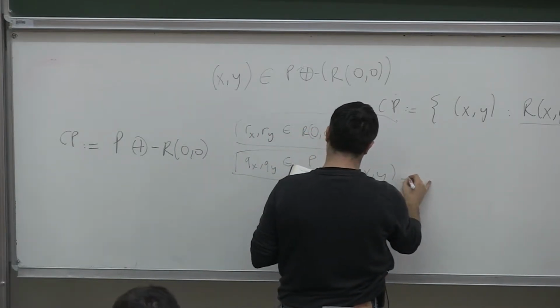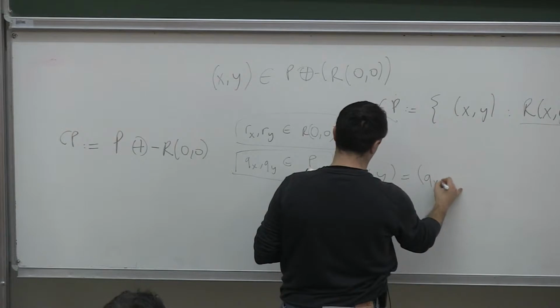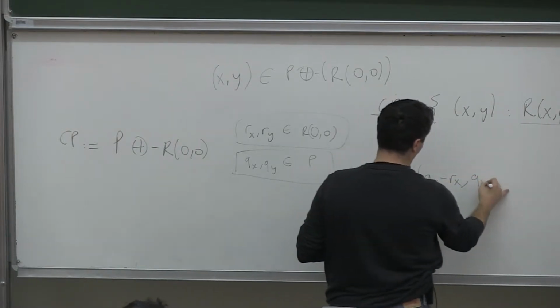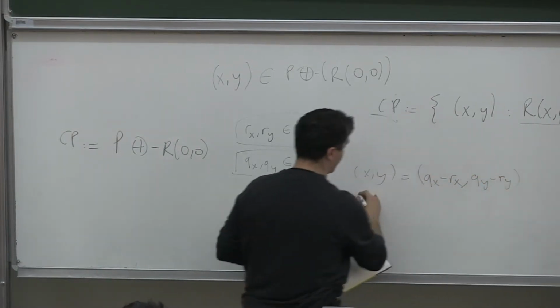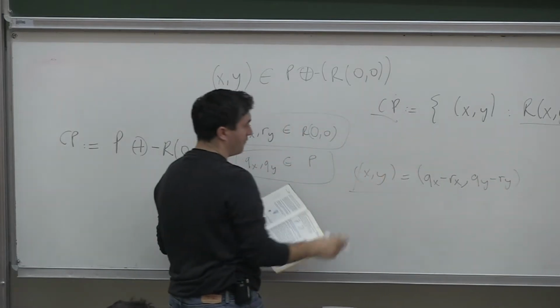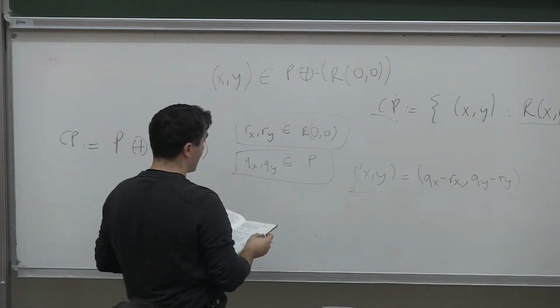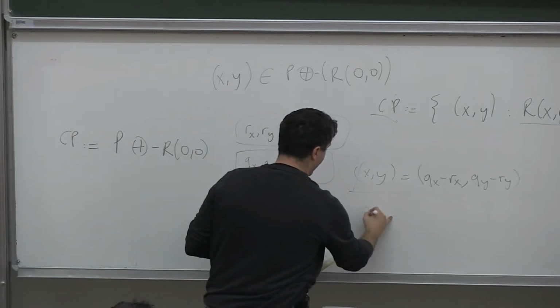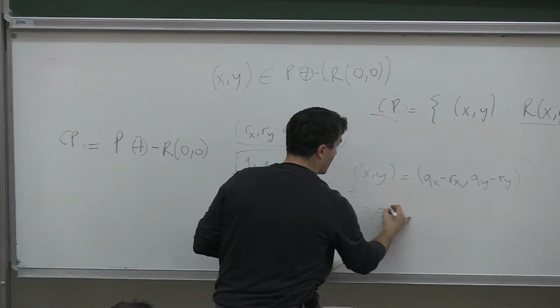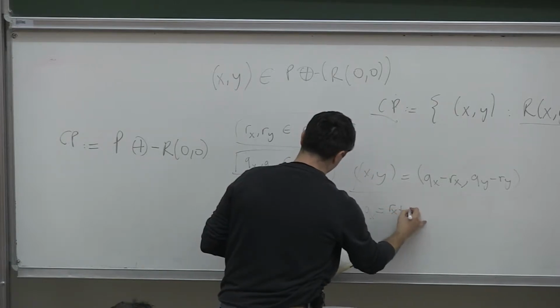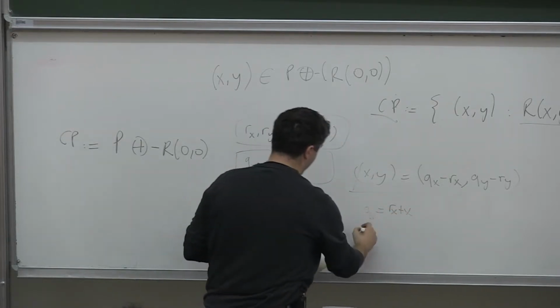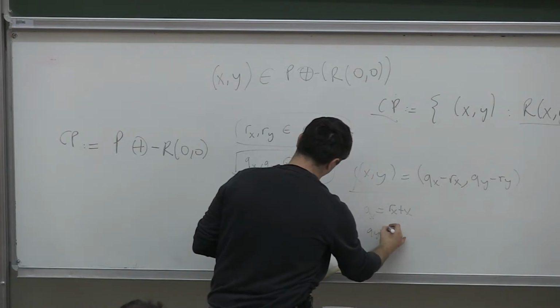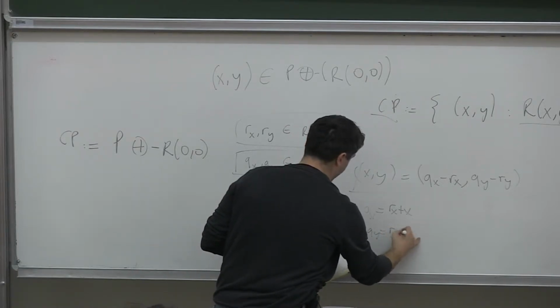Then we are going to have qx minus rx, qy minus ry. So this comes from the definition of Minkowski sums. Okay? In other words, if we look at this, qx is equal to rx plus x, and qy is equal to ry plus y.